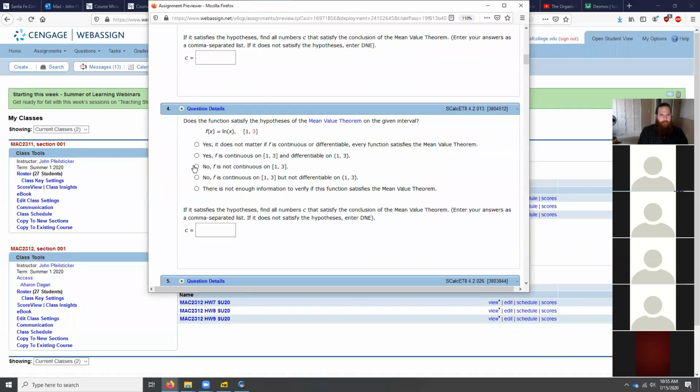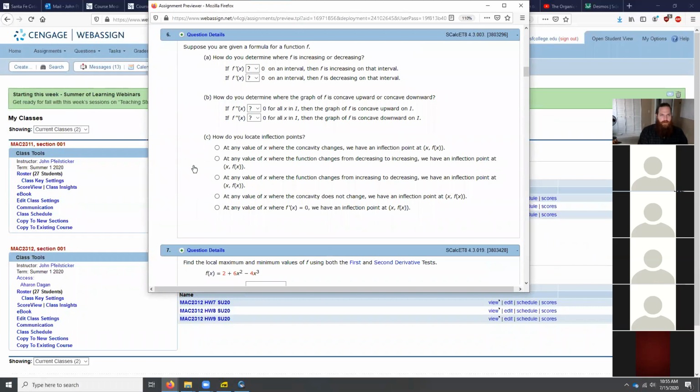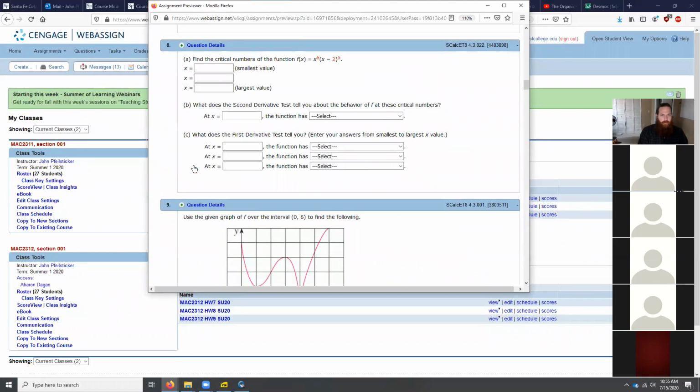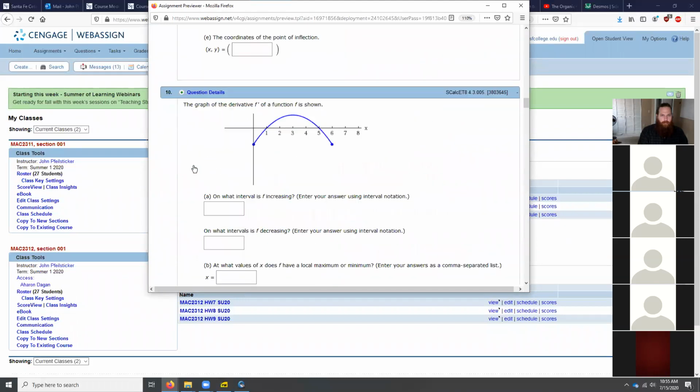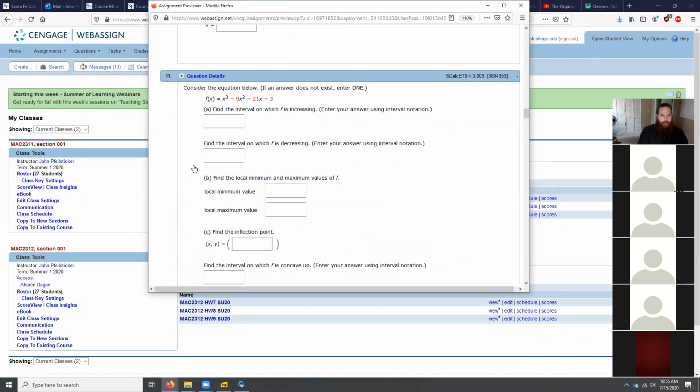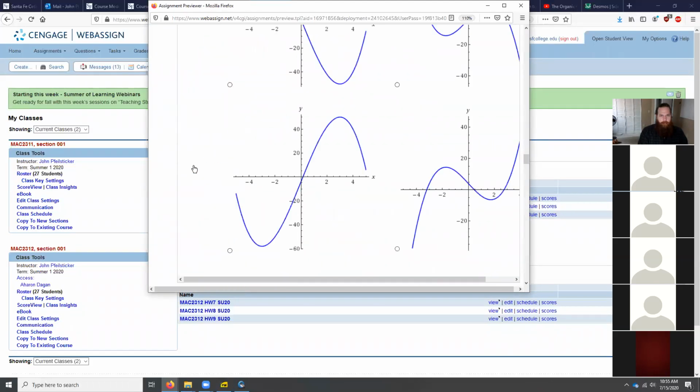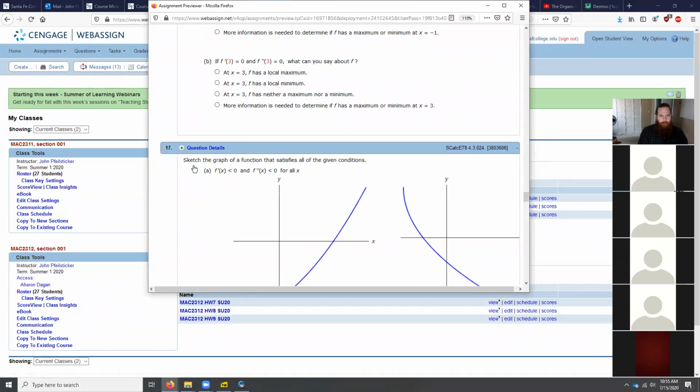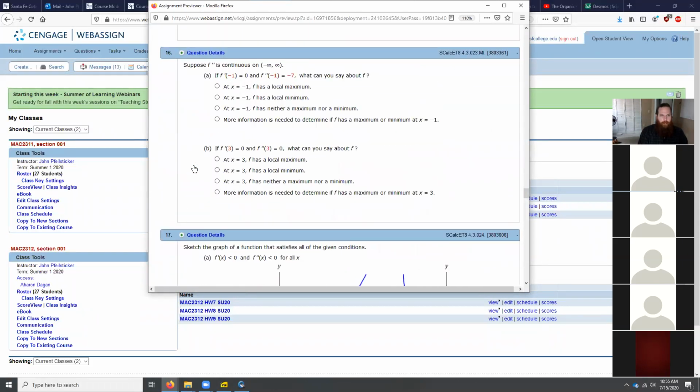So let's look. Here we go. Suppose f double prime is continuous everywhere. So f double prime exists. If f prime of -1 is 0 and f double prime of -1 is -7, what can you say about f? All right, so let me copy this down.